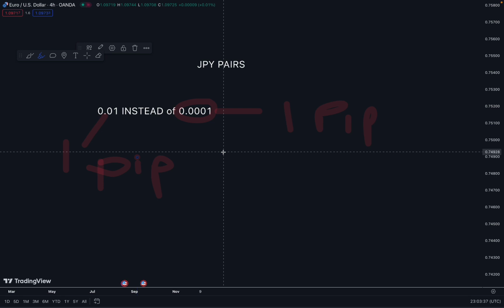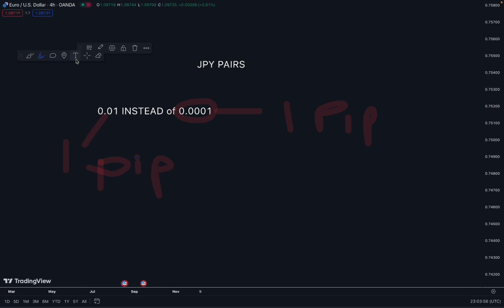And that is because the yen pairs have lower value. Because they have the lower value, they divide the 0.0001 by 0.01 to give it value so that it can be traded in the forex market.